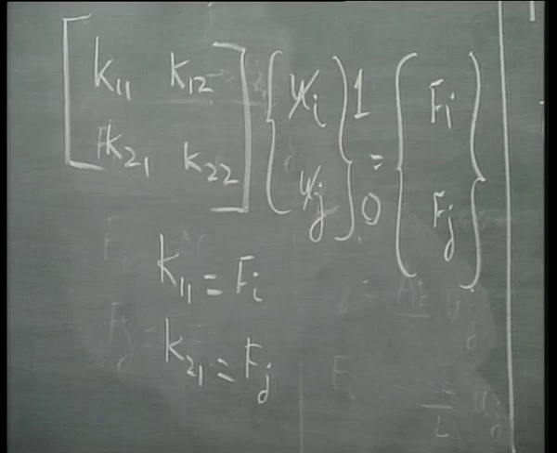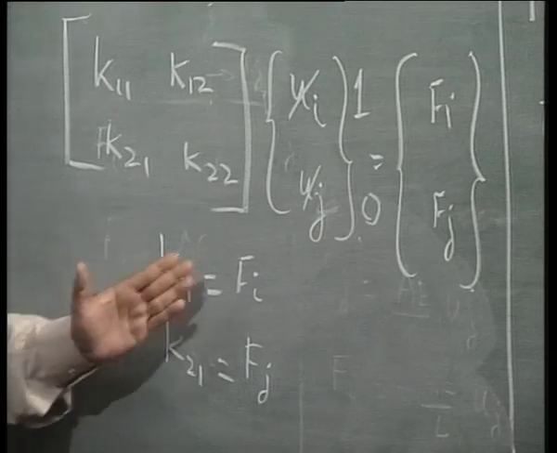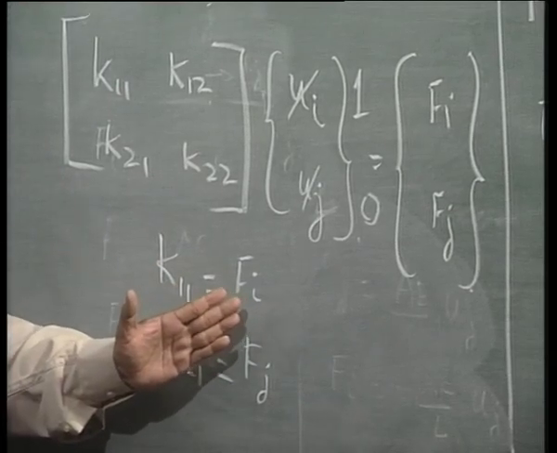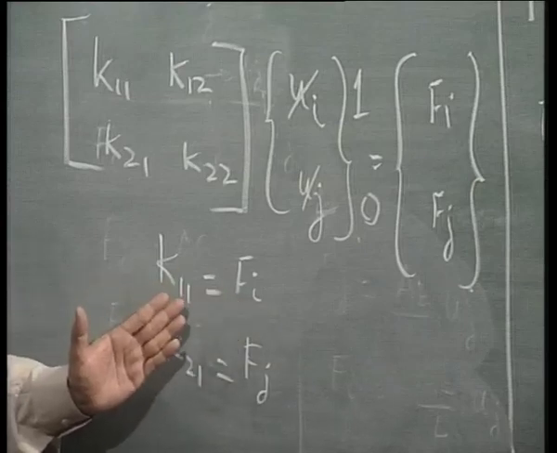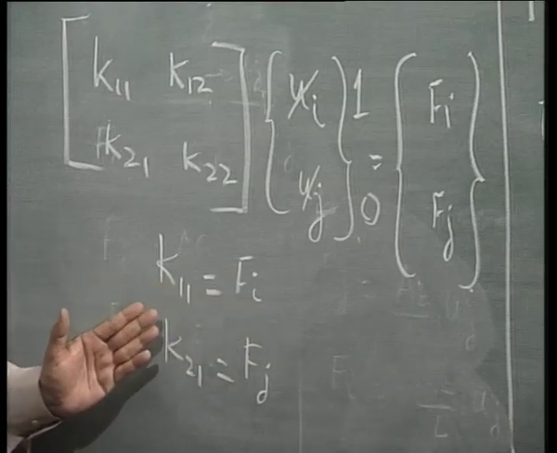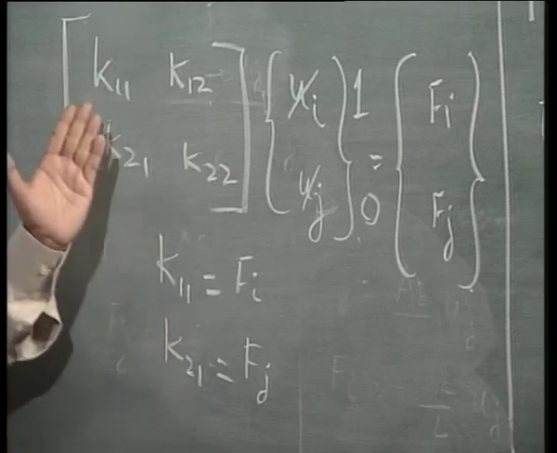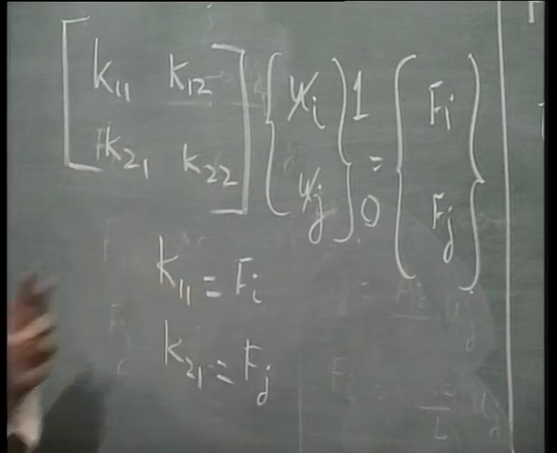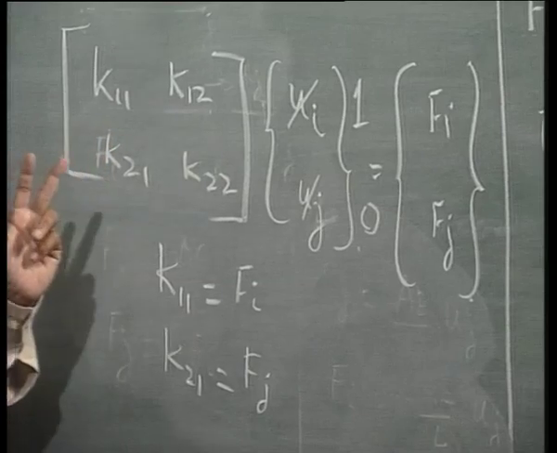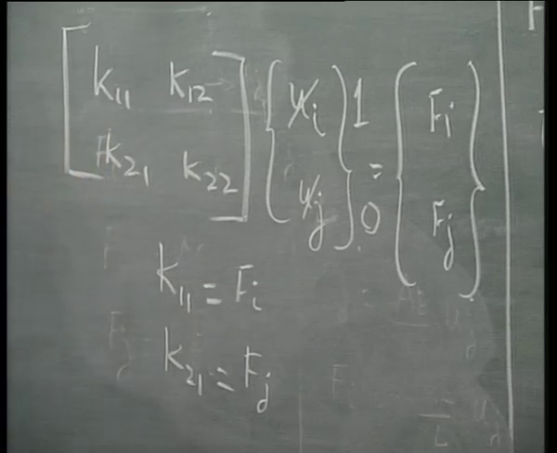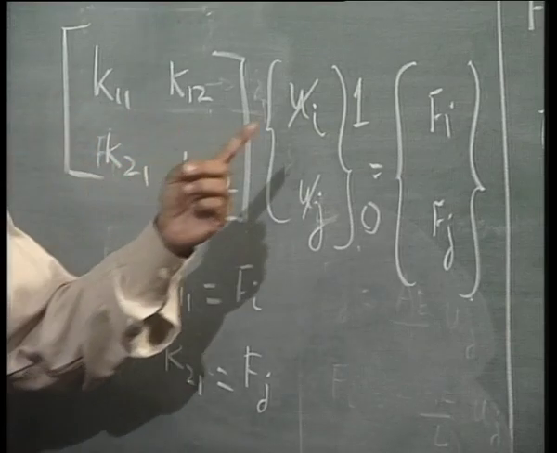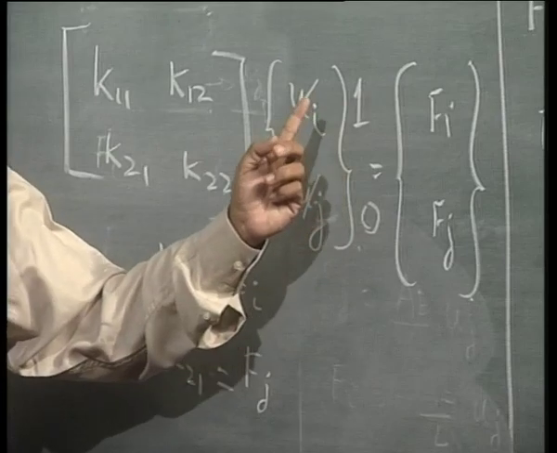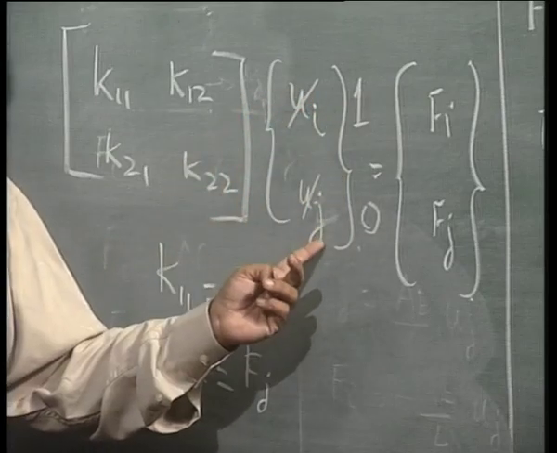One of you. Yeah, so it is nothing but K11 is the stiffness of the first node of the first element. In other words, just to repeat, K11 is the force present at i, or the force to be applied at i, in order to have, note that, unit displacement at i and 0 displacement at j.